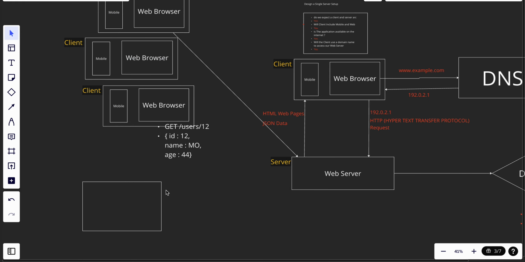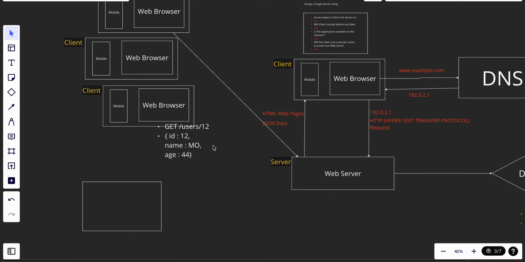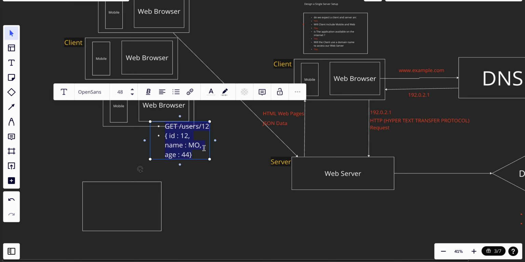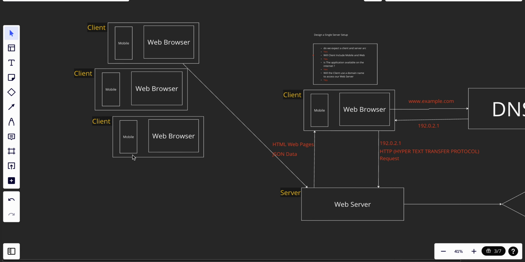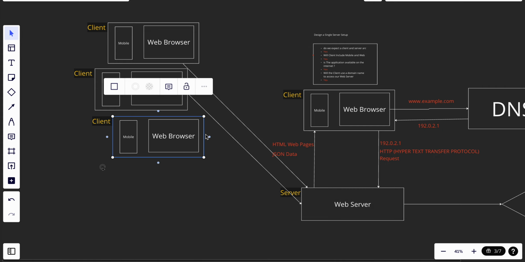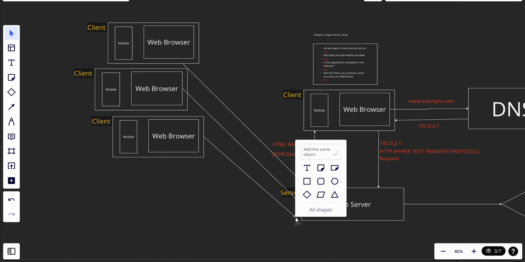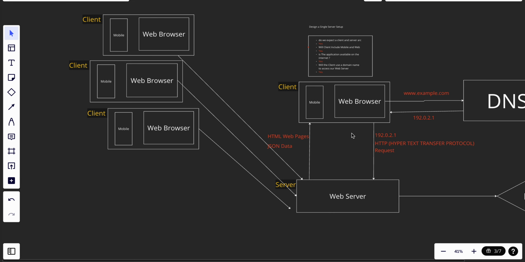They send the request to the server. So let's say that we have a lot of clients that send requests to the server, and they also go to the DNS first, and the DNS sends them the IP address, but we just draw it like this to make it easier to understand.